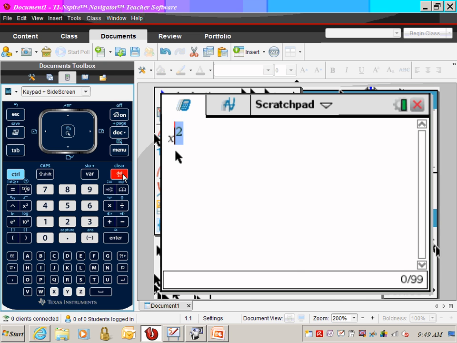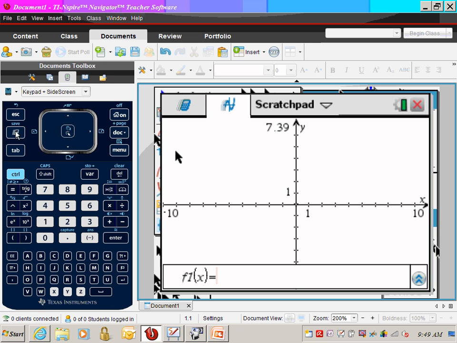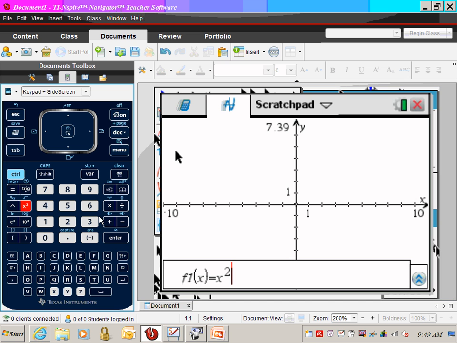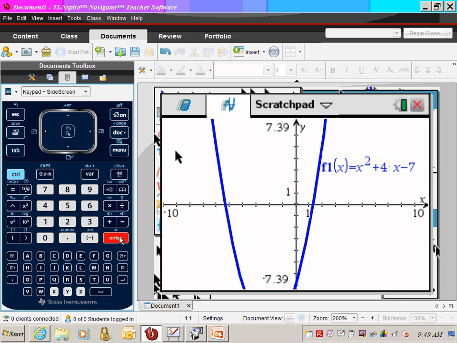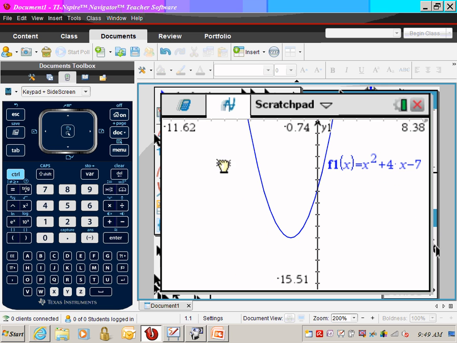Oh, not here. Right? So you can either drag and move it, or you can do the zoom fit. Whichever you prefer. Is this one going to have a minimum or a maximum?